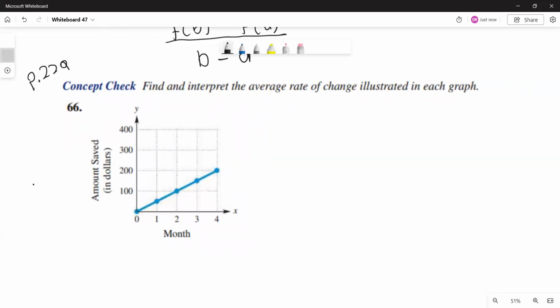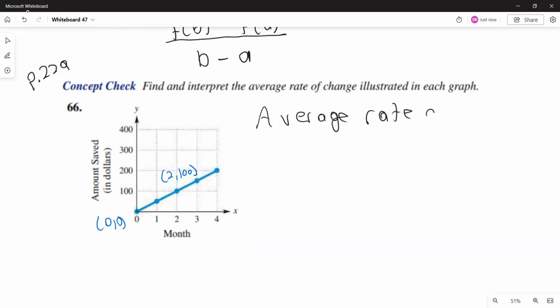Okay, so the average rate of change, we can identify a couple of points. We can identify the point 0, 0, and 150. Or if you want to be completely sure, that would be 2, 100. So the average rate of change is going to be 100 minus 0 over 2 minus 0.